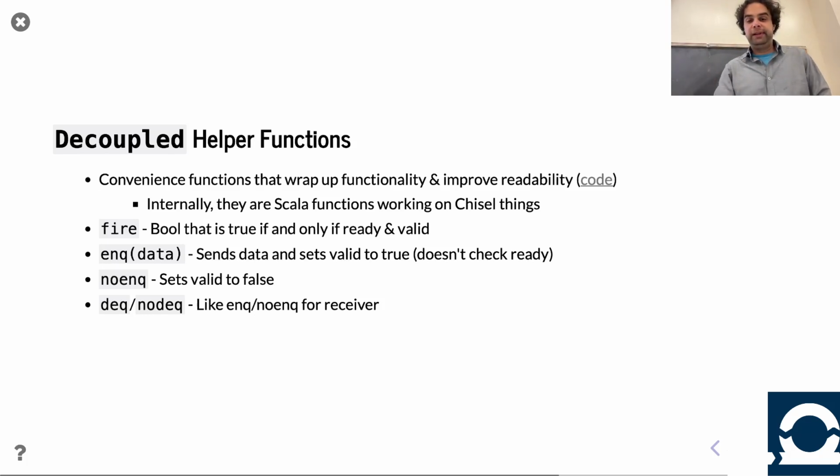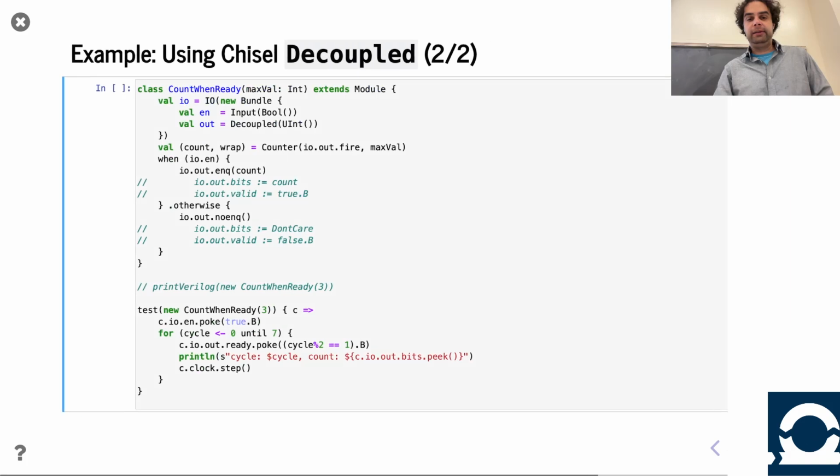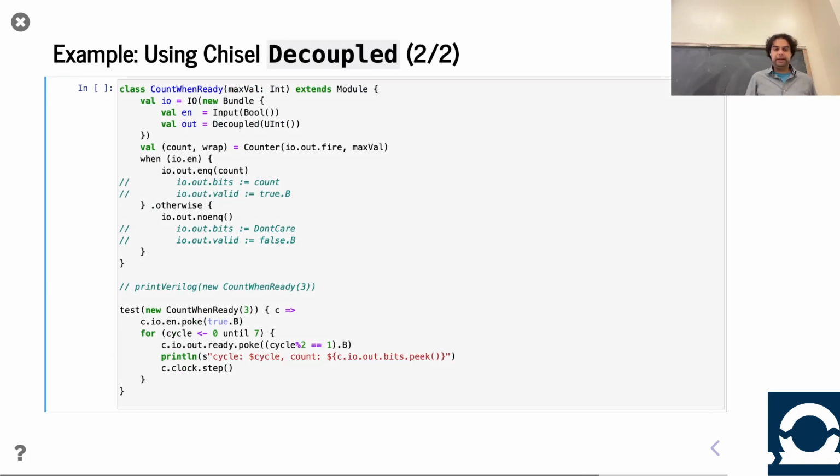So we'll see this in practice in just a second. Let's try this out. So here we have our count when ready. We're going to take in enable and print out like before. So it's what we saw a second ago, except we're now going to use some of the signaling things we just talked about.